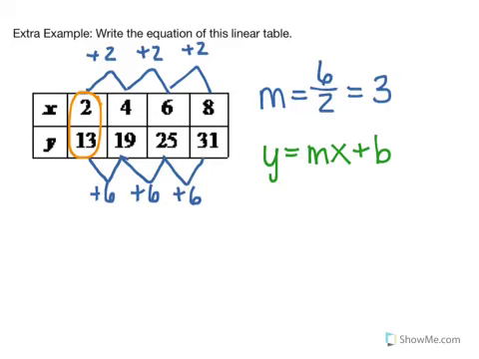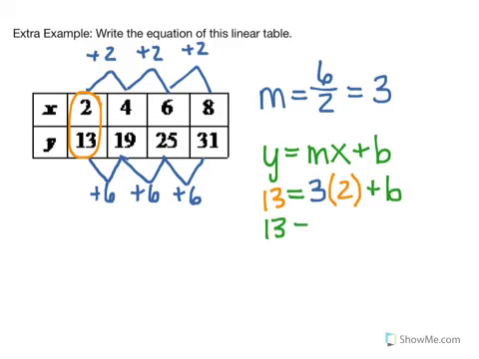So y is actually 13. I'm getting that from the point. And it's equal to my slope, which is 3, times the x value of that point, which is 2, and add b, because we don't know it, so it has to stay b. So simplify.